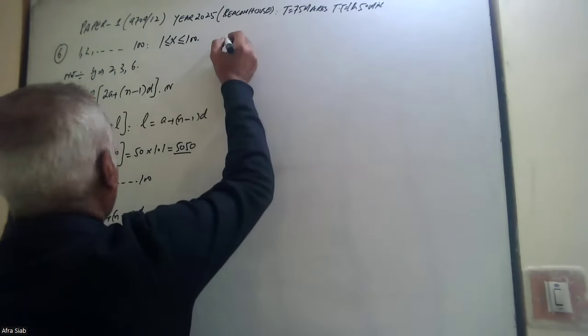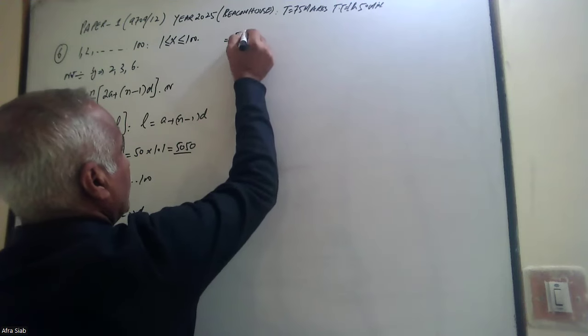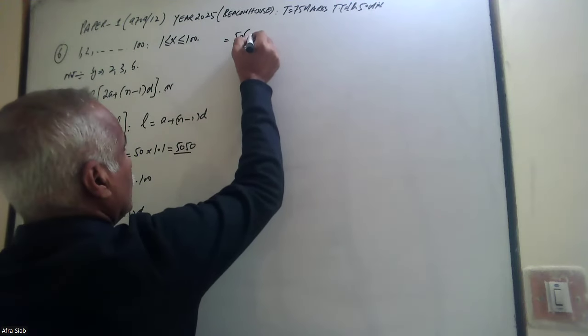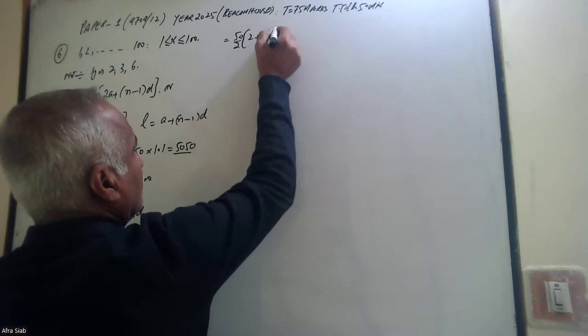So the sum is 50 over 2 into the first term 2 plus the last term 100.